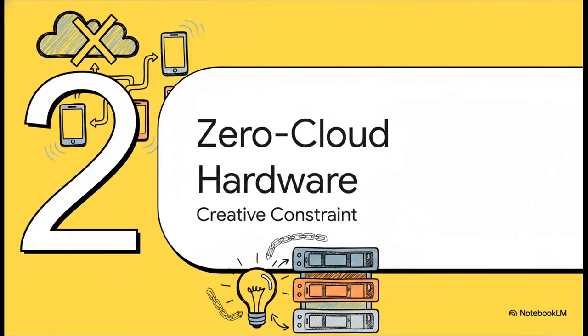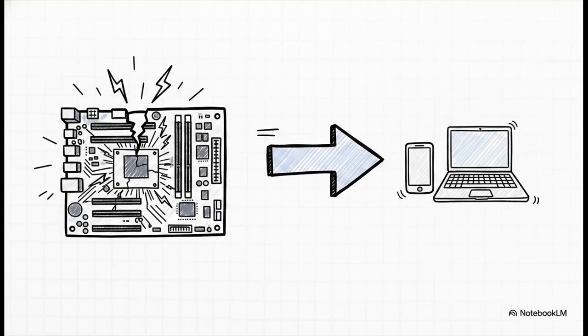Moving on to Section 2, the Zero Cloud hardware strategy. Constraint breeds creativity. Now, you might be wondering, why on earth would they build an entire server ecosystem on mobile phones? Well, as they say, necessity is the mother of invention. It turns out, a massive motherboard overcurrent failure on the developer's main workstation is what forced this entire evolution.